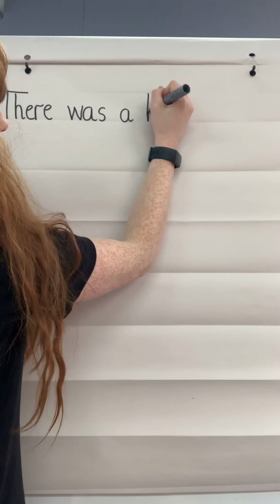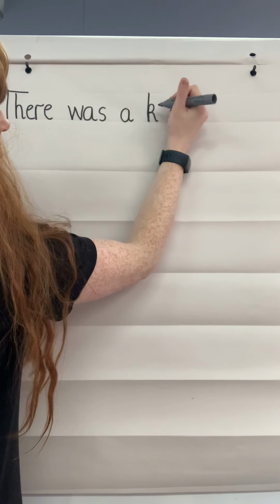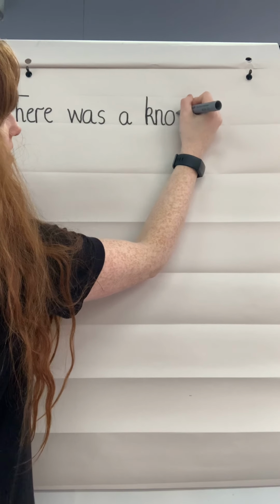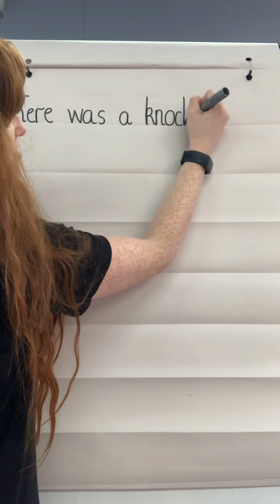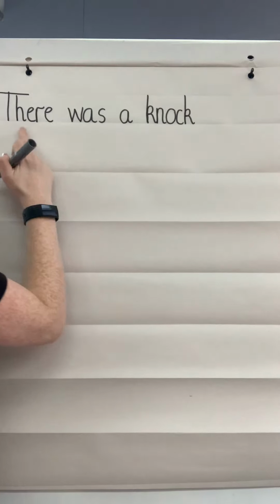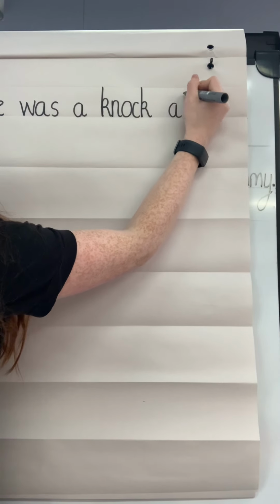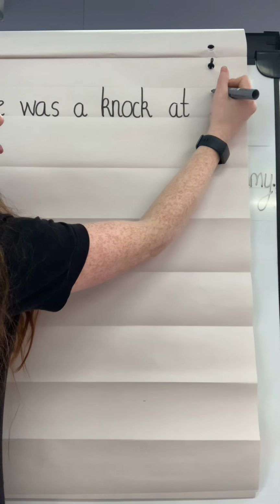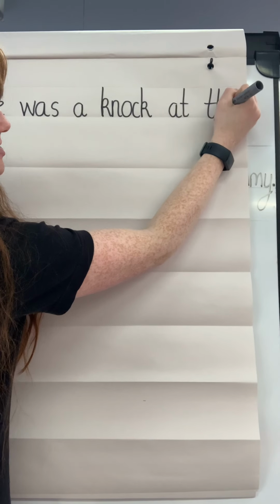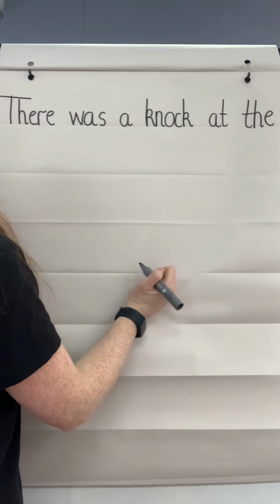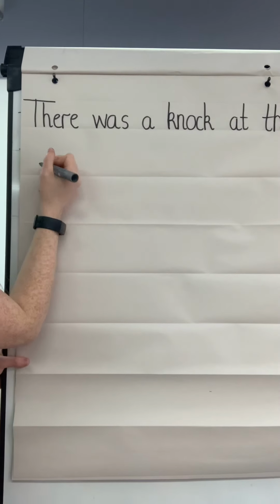So I've got K, and I've got my N, O, and then that special friend K, which is C and K. There was a knock at, that's a nice easy word, A and T. The, one of our trickier words, TH, what's on the end, guys? E, making that up sound. There was a knock at the door.